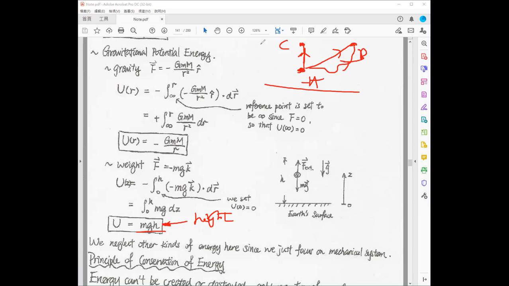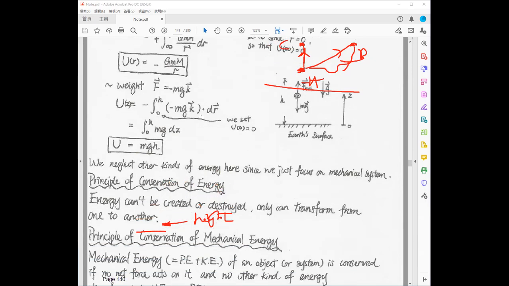So you just need to consider the increase in the vertical height. That's the formula for the potential energy.